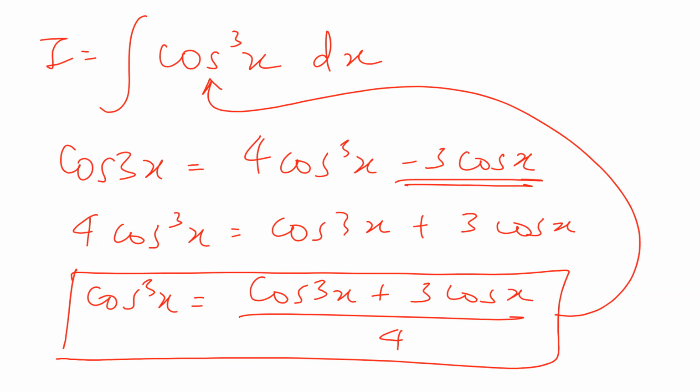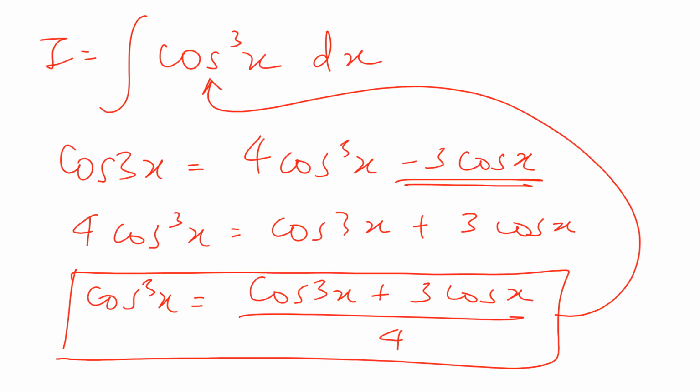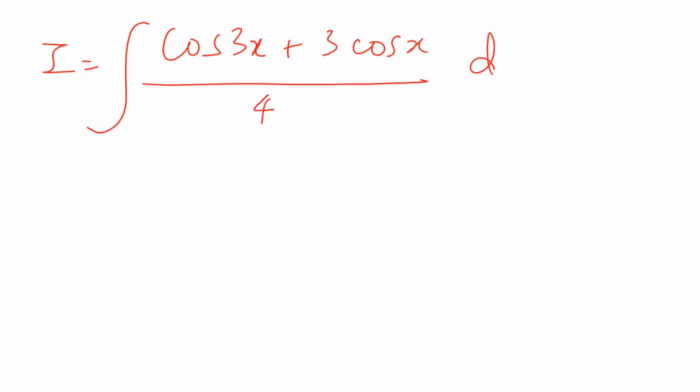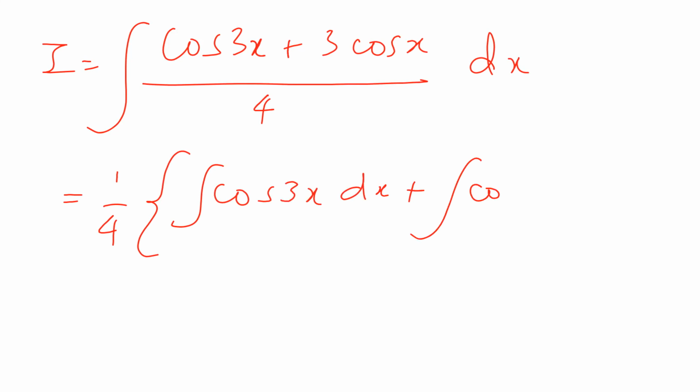Next step, just replace cos cube x with whatever we have just calculated. Cos cube x is cos 3x plus 3 cos x upon 4 dx. So 1 by 4 will go outside. Integration of cos 3x dx, integration of 3 cos x dx.